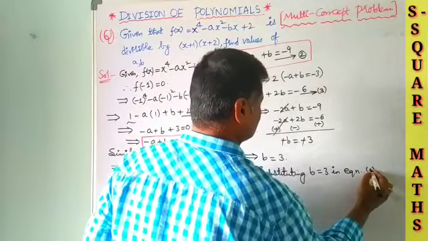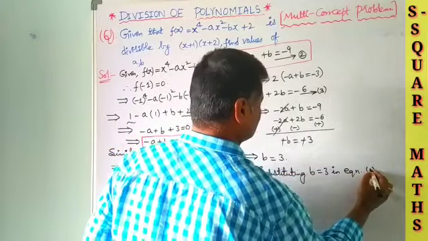So minus a plus, what is the b value? 3 is equal to minus 3. Now minus a is equal to minus 3, here plus 3 transposed to this side is minus 3. So implies minus a is equal to minus 6. Finally I can write a value is 6 after cancelling minus and minus.